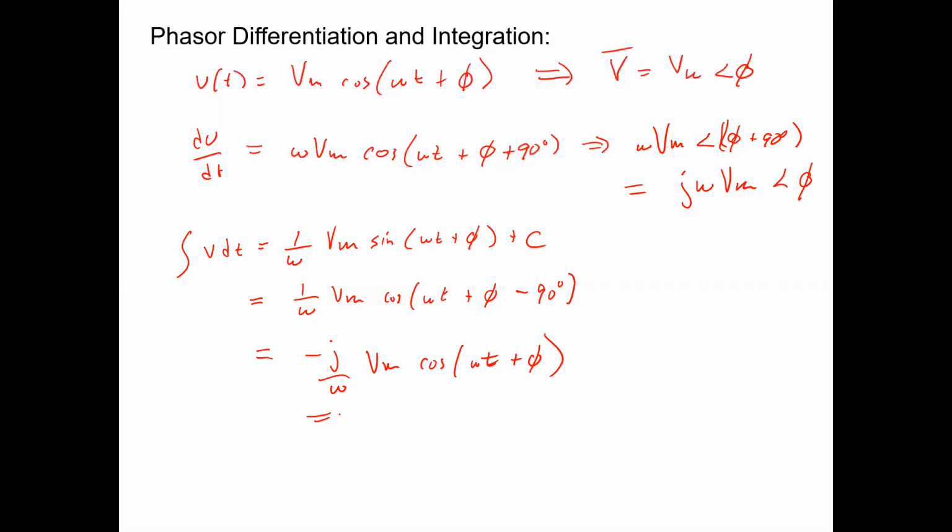And so that is going to be in the phasor domain. What that amounts to is essentially our phasor. If our phasor is Vm angle phi, then the integral is going to be V bar over j omega.